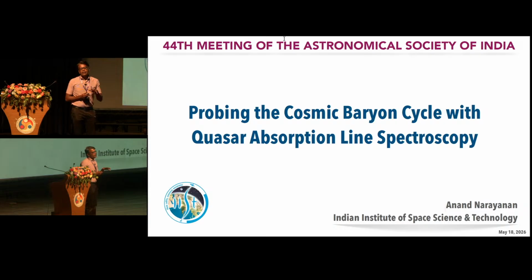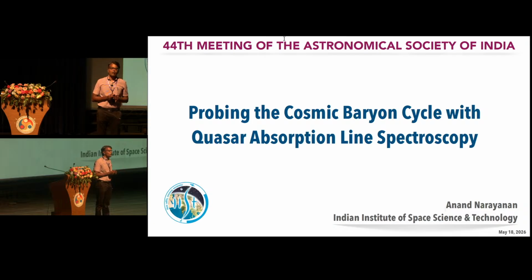I'll restrict most of my discussion to quasar absorption line spectroscopy as the observational tool for finding these baryons. But I will also touch upon some of the complementary methods that have been used and the kind of results that have come out from those. And I will put in some of the work that we have been doing at IIST, primarily led by students of IIST.